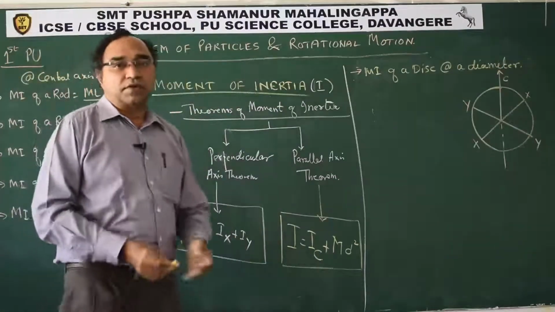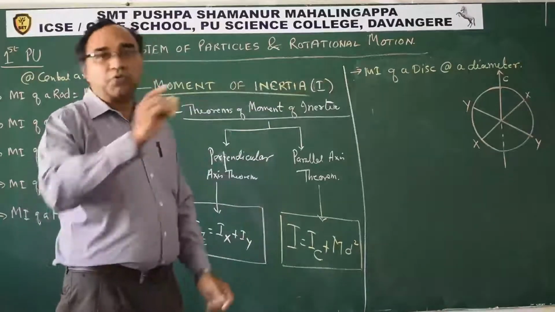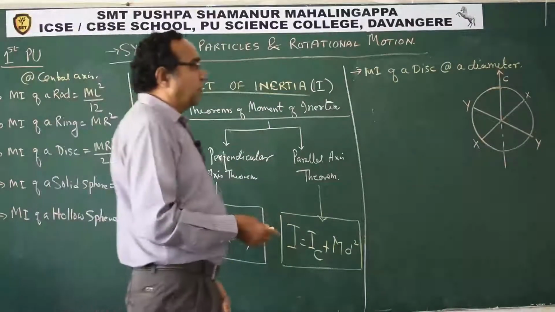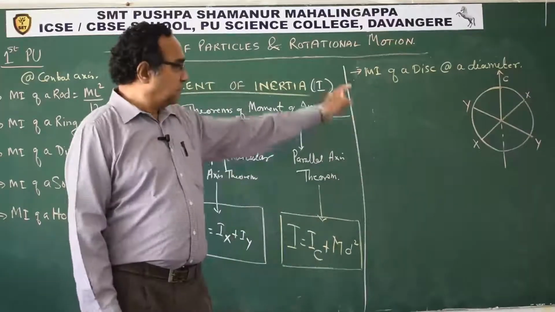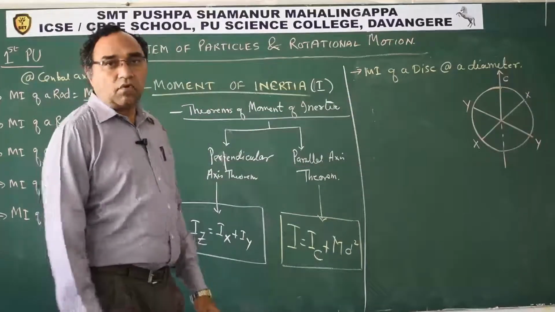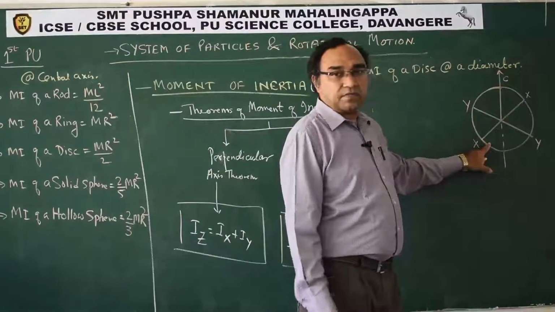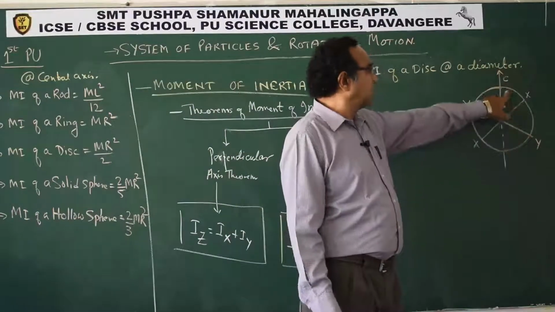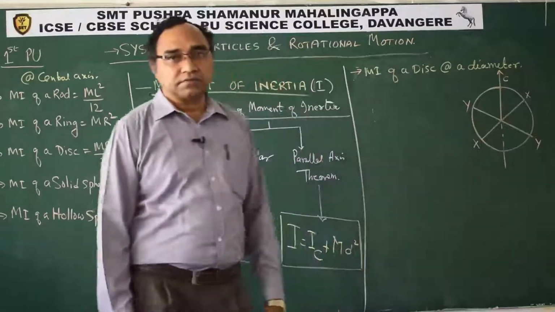Well students, now let us see how to find moment of inertia of a disk about a diameter. About a diameter, xx is one diameter, yy is another diameter. What we observe is that the xx axis, yy axis and the central axis, all three are mutually perpendicular to each other.